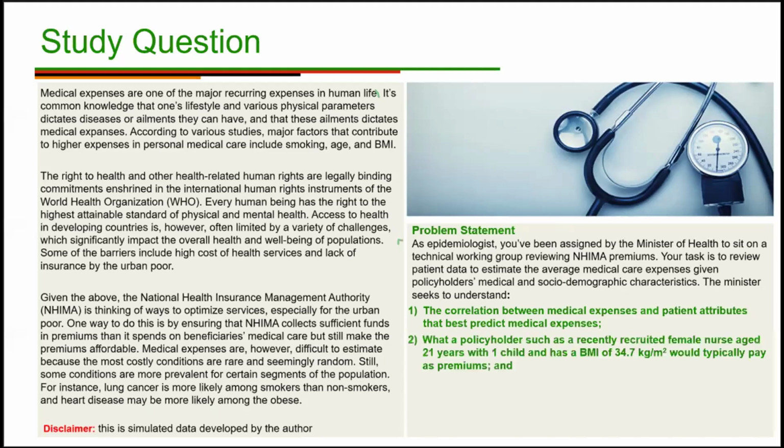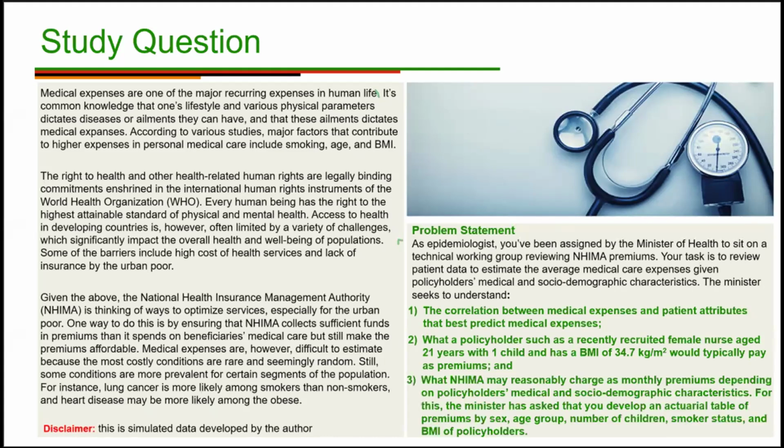Two, the minister wants to understand what a policyholder, such as a recently recruited female nurse aged 21 years of age, who has one child and has a BMI of 36.7 kgs per square meter, would typically pay as premiums.